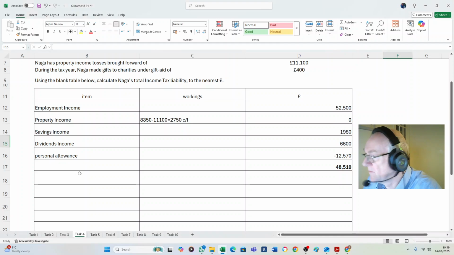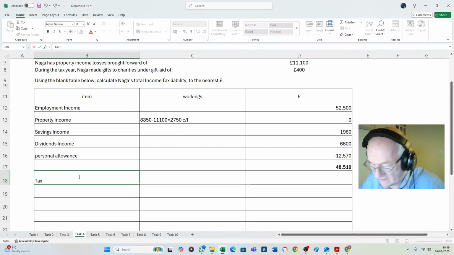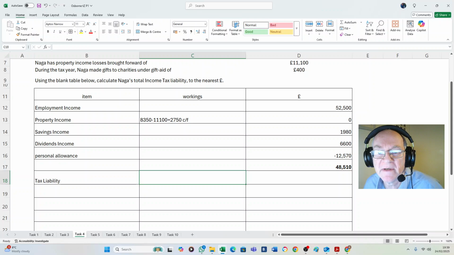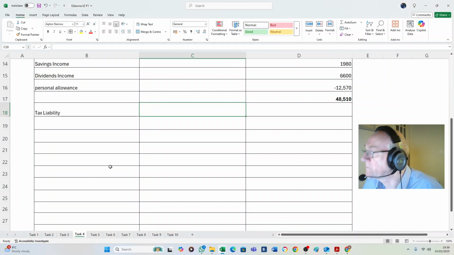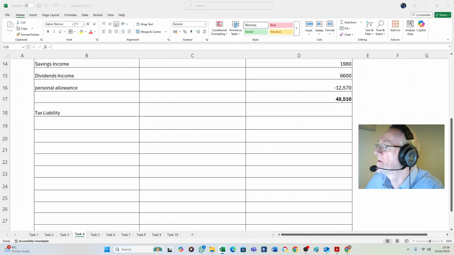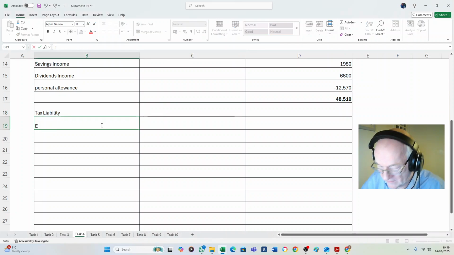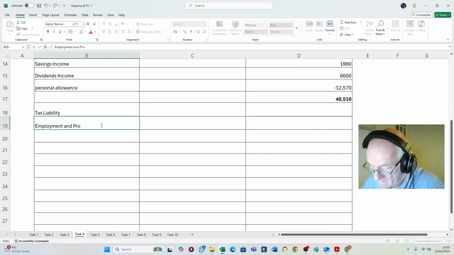So then we need to work out our tax liability. You actually have to work out how much they've got left at the end of it, just the actual tax liability. And we've got to just order it in the right way. So first bit we will do, link the two together. You should have done your practice papers to know that one.